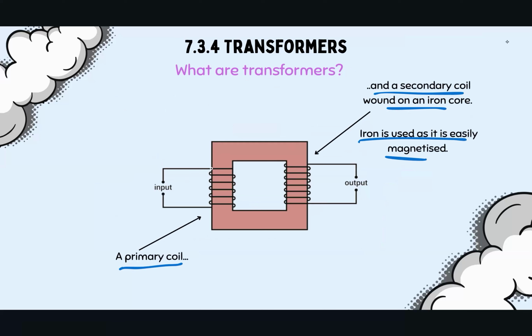So when electric current flows through these wires, it induces magnetism within the iron core, which then creates an electric current in the secondary coil. So here on this side, you can see you've got fewer wires, and here you've got more. So this is a way of increasing the voltage.